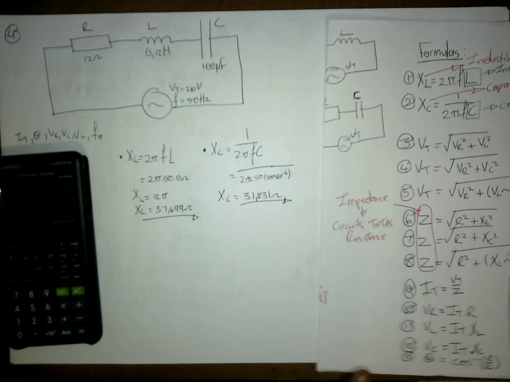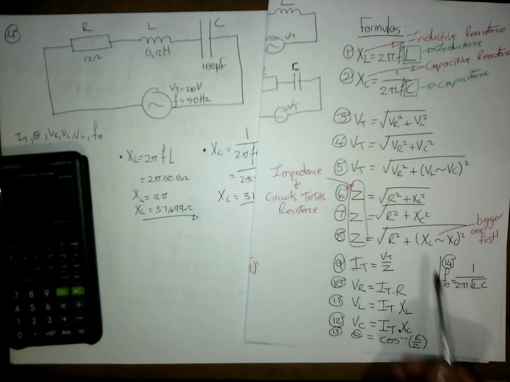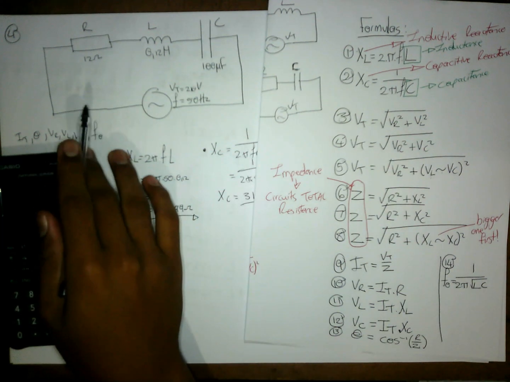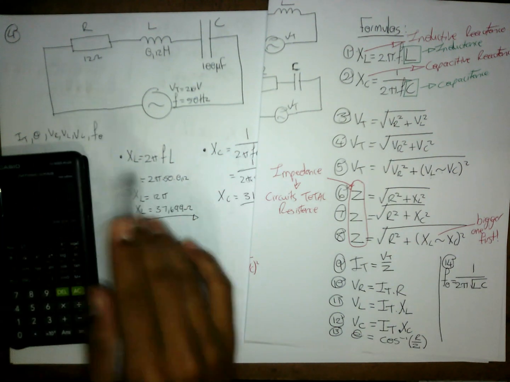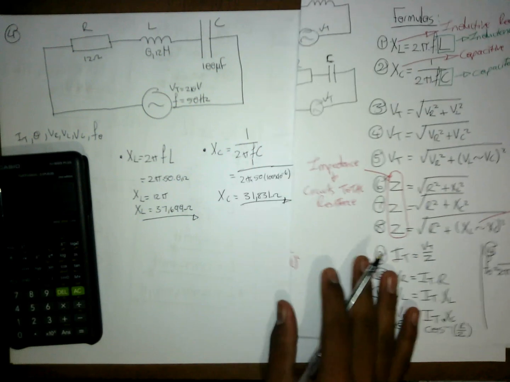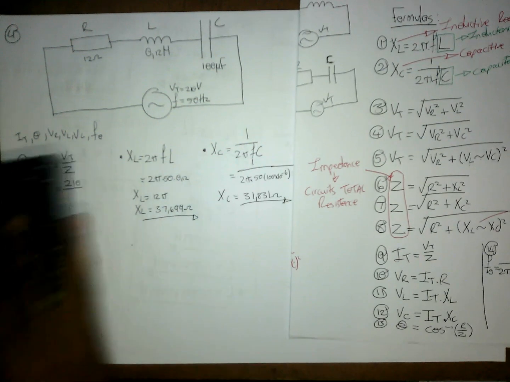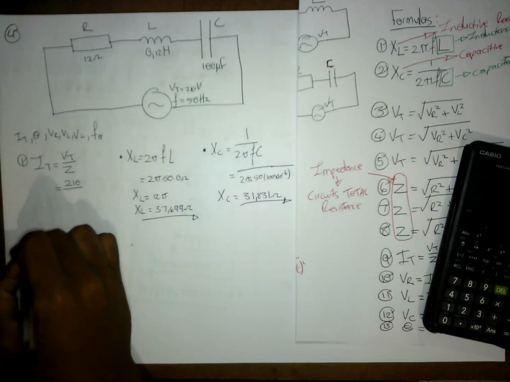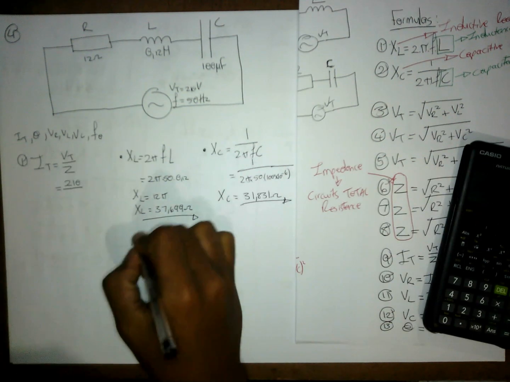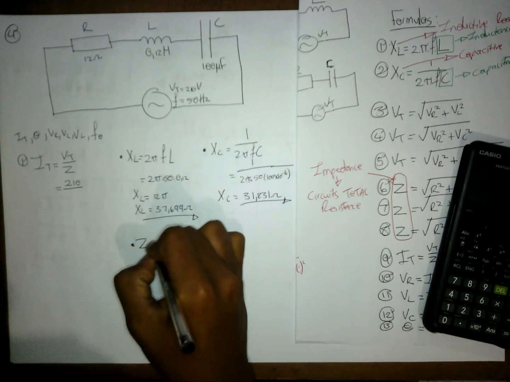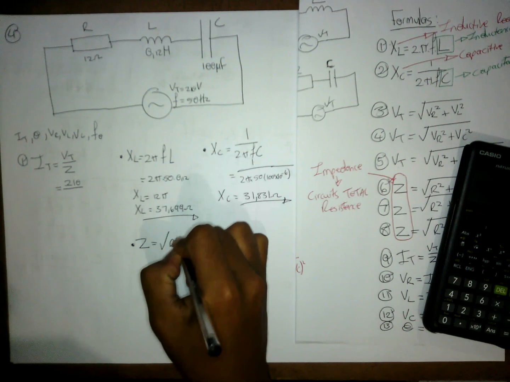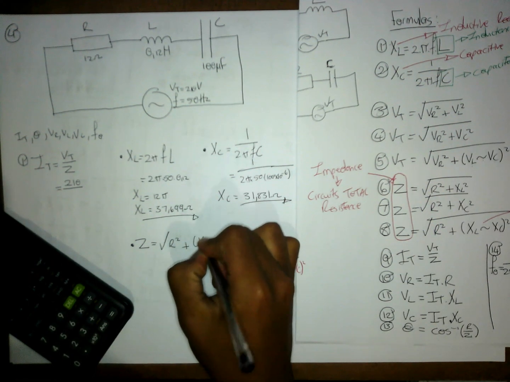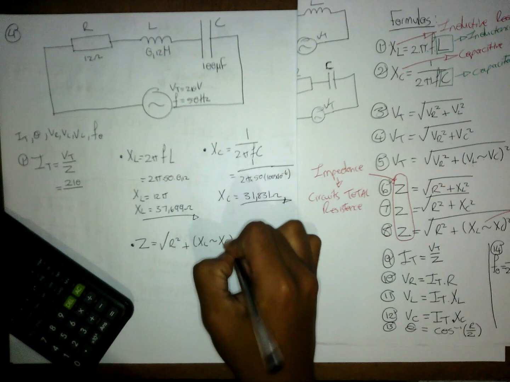Then for the impedance of the circuit, I use the big one because I have a resistor, an inductor, and a capacitor. I have all three components, so I use the big one. So let me write it here for space. So Z equals the square root of R squared plus XL minus XC squared.